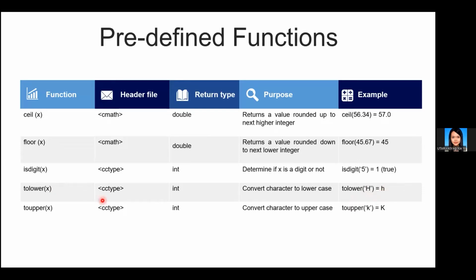And then similarly goes for the toupper function. It does a similar job, but it will help convert the character to an uppercase letter. So it's going to help convert this lowercase letter k into an uppercase letter K.